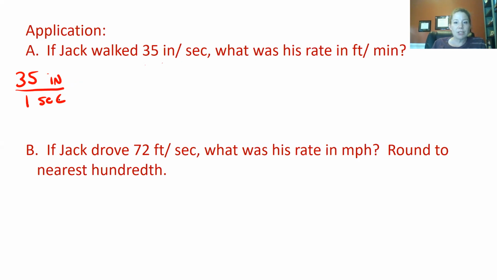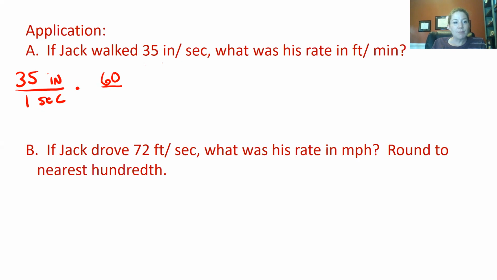What do we know about the relationship between seconds and minutes? Well, there are 60 seconds to make 1 minute. So to convert these seconds to minutes, we're going to multiply by 1 because we want an equivalent ratio.